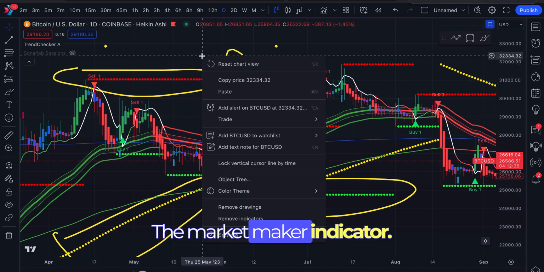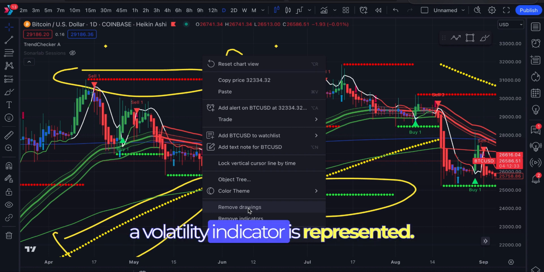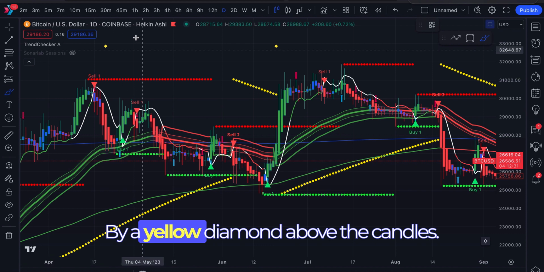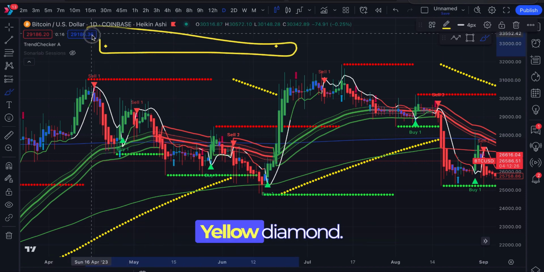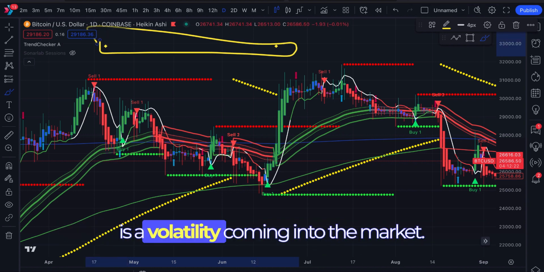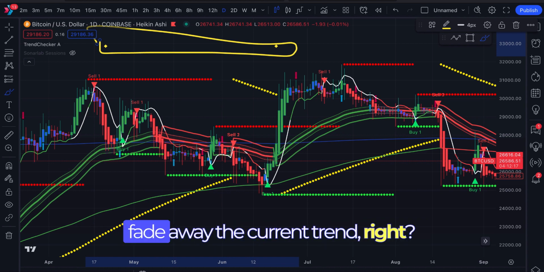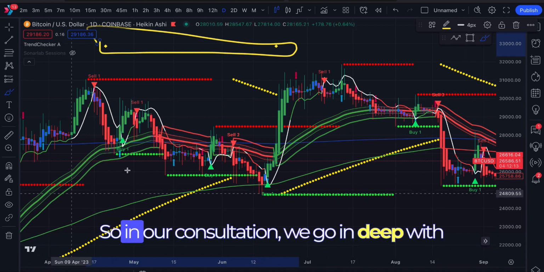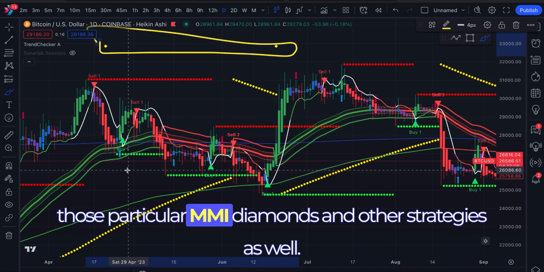The market maker indicator, which you can also call a volatility indicator, is represented by a yellow diamond above the candles. Whenever a yellow diamond prints, it means volatility is coming into the market, and that volatility is going to fade away the current trend, right? In our consultation we go deep into those MMI diamonds and other strategies as well.